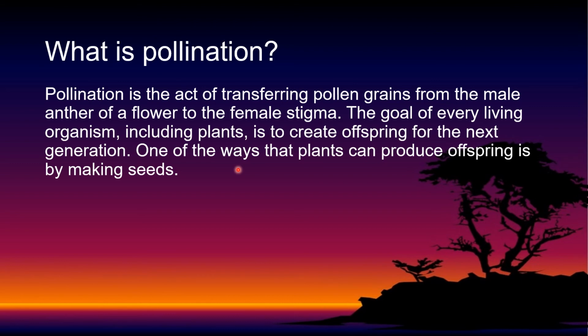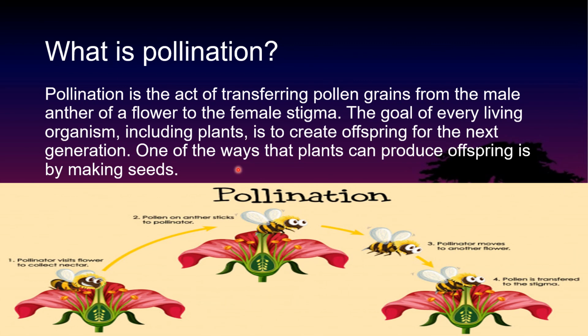If the pollen grains go to the stigma of that same plant only, it is known as self-pollination. And if the pollen grains fall on another plant, it is known as cross-pollination. Here we have a picture of pollination.